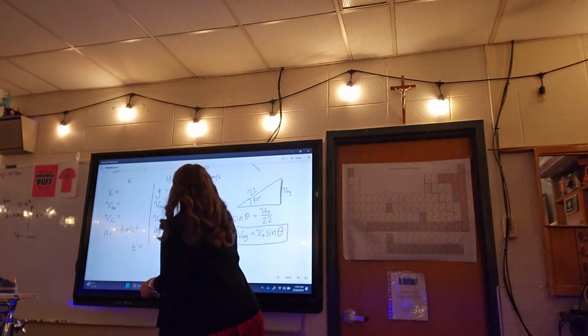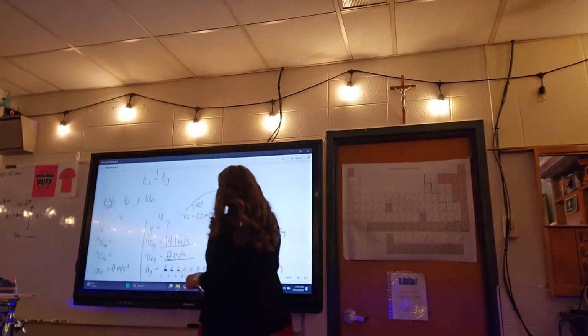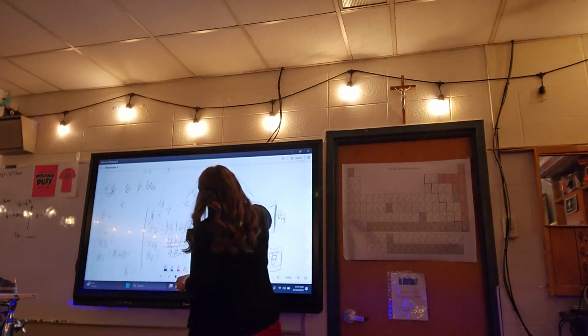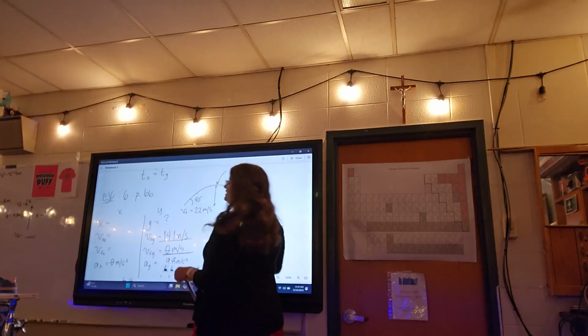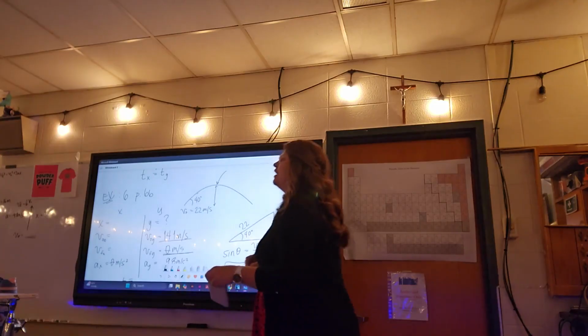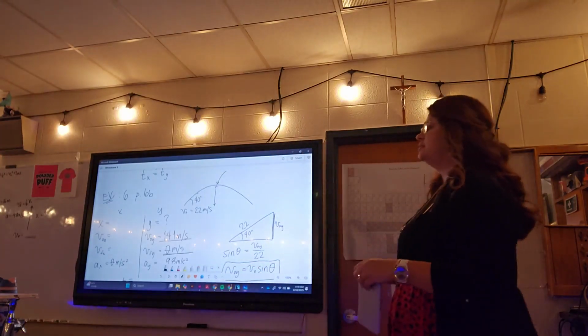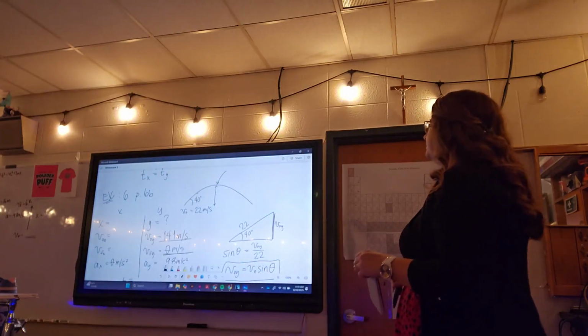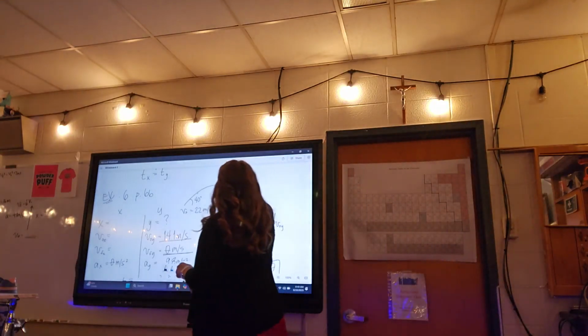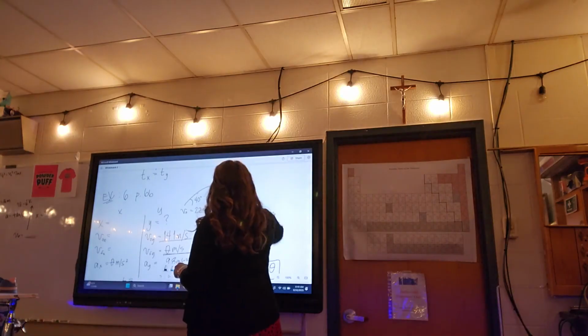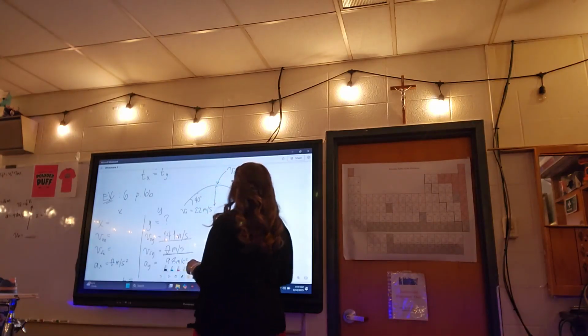Let's talk about why that's true. If we're looking for y, it's the height at the zenith, the apex, the top of its path. And that's the point at which your y velocity is equal to 0.